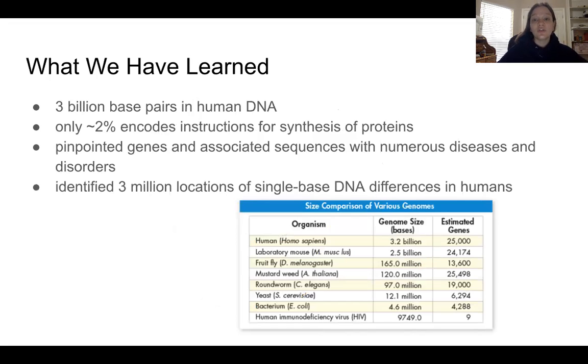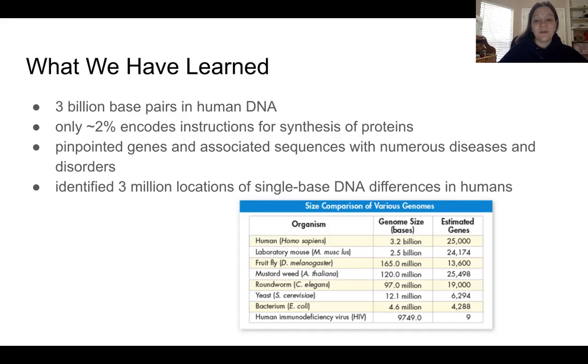So what we've learned from the Human Genome Project is that there are 3 billion base pairs within the human DNA, but only about 2% of that actually is used to make proteins. So that's not very much. Still a lot, I mean, 2% of 3 billion is still a whole bunch.